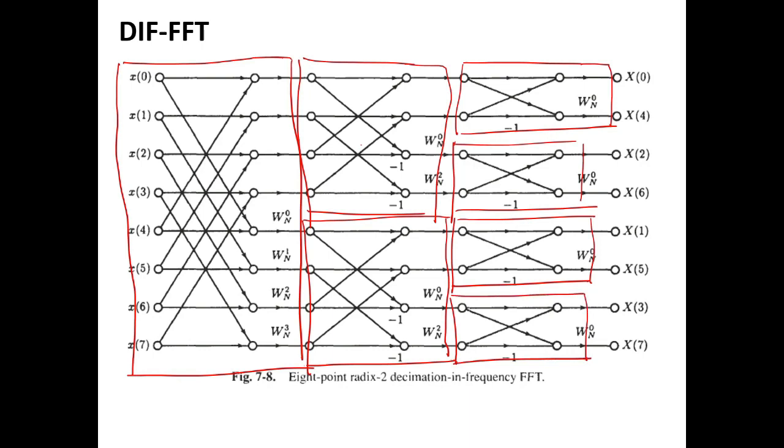So in the DIT-FFT it was first 2-point DFT, then 4-point DFT, then 8-point DFT. Here it would be 8-point DFT, 4-point DFT, 2-point DFT.